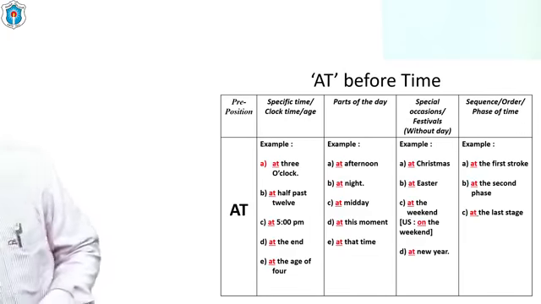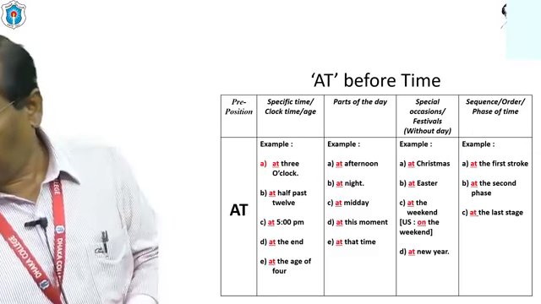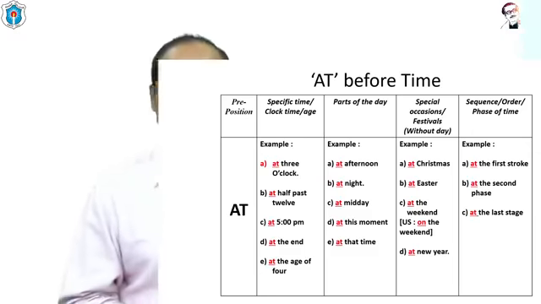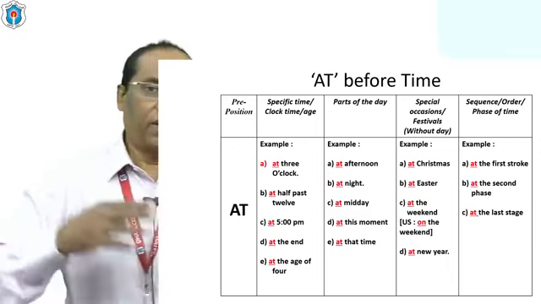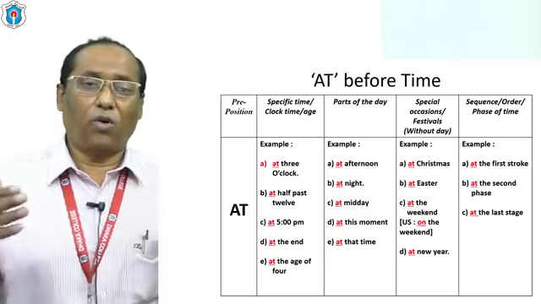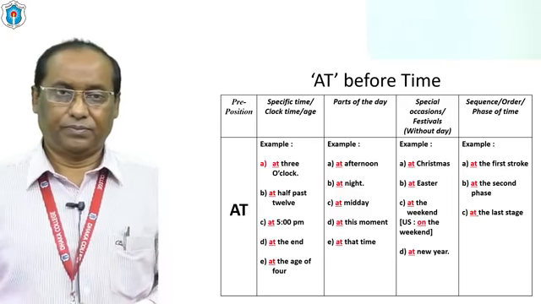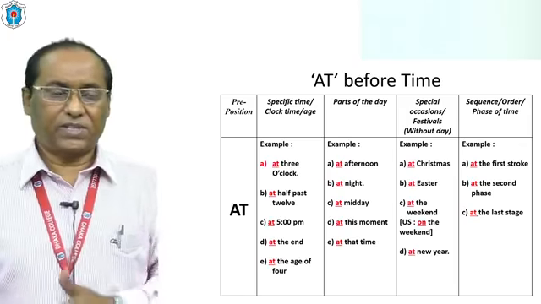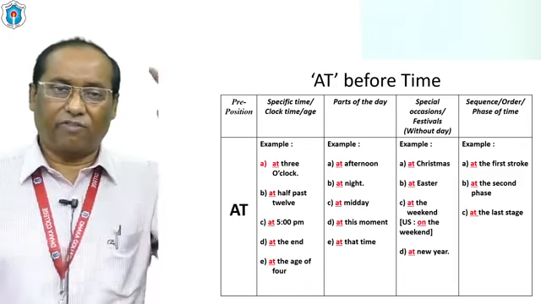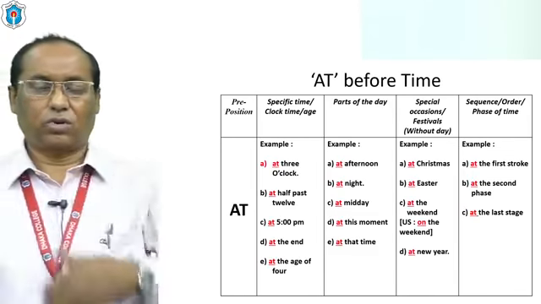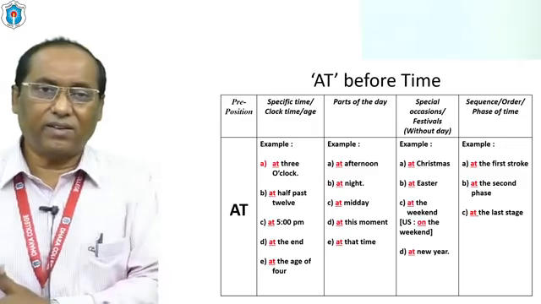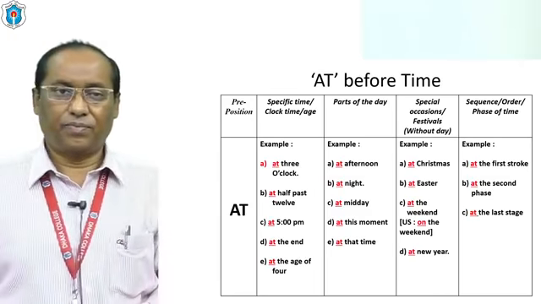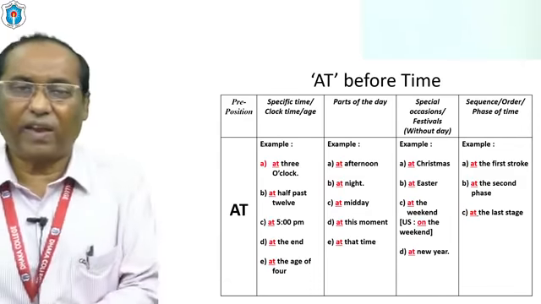My dear students, there is also the use of at before some sequence or order or the phase of time, such as at the first stroke, at the second stage, at the last phase.